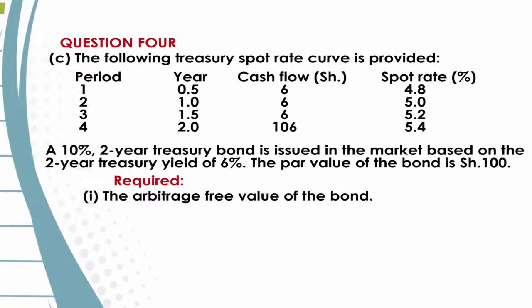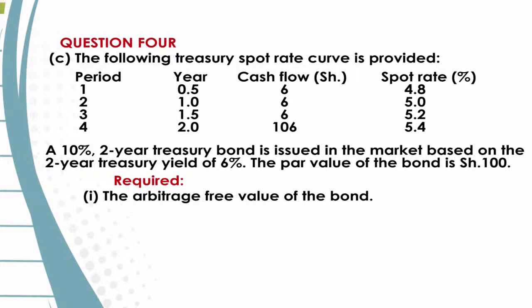Below the table, we read a 10% 2-year treasury bond is issued in the market based on the 2-year treasury yield of 6%. The par value of the bond is 100 shillings.